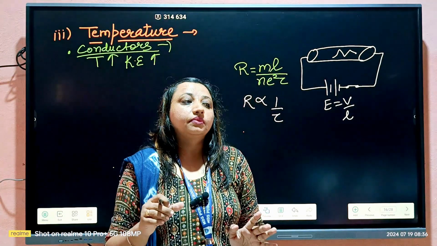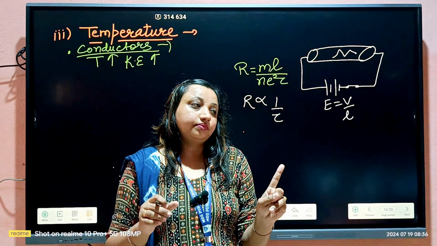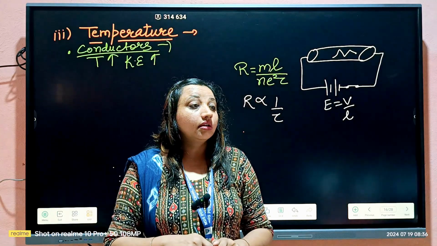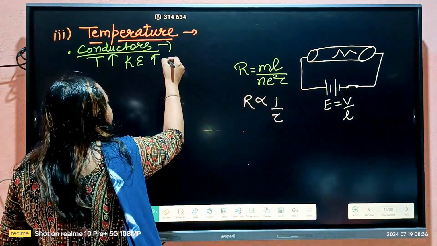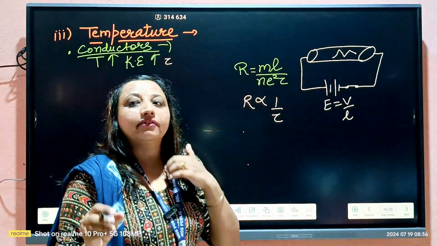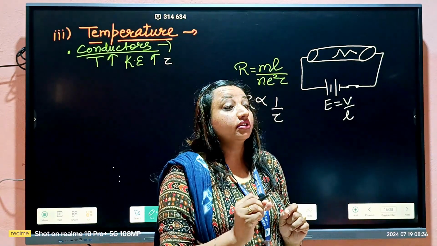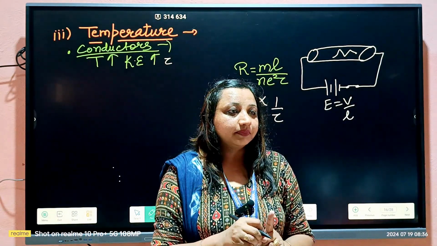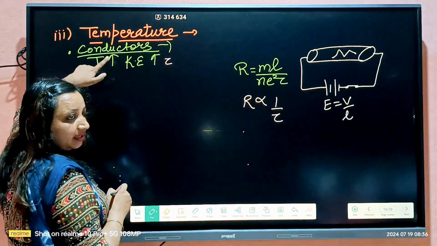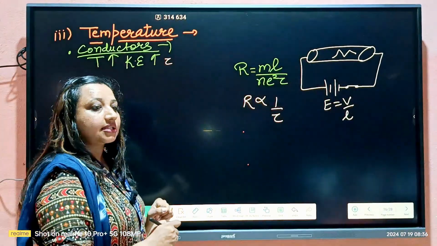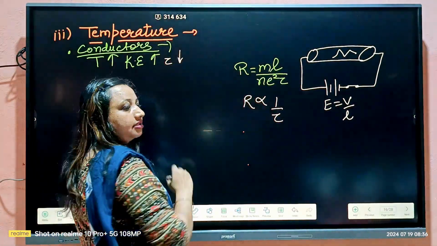Now it took 1 second. So does the relaxation time increase or decrease? It decreases. We also discussed this point when we did the topic of the effect of temperature on drift velocity. Remember? So as the temperature increases, the kinetic energy of electrons increases, due to which the relaxation time decreases.